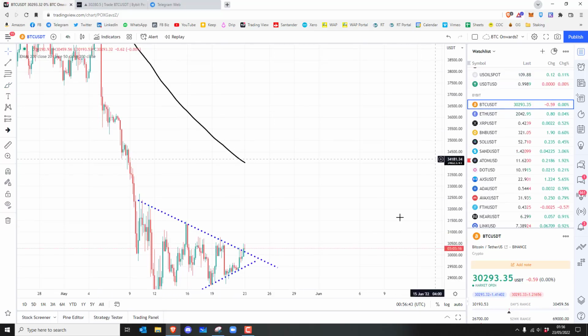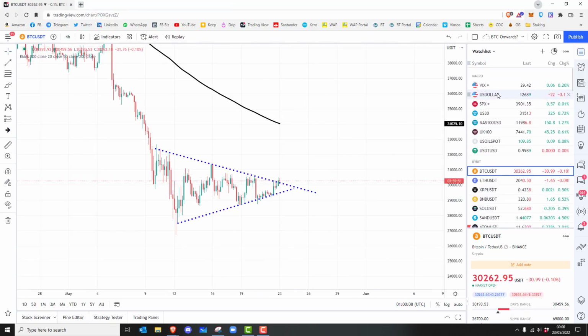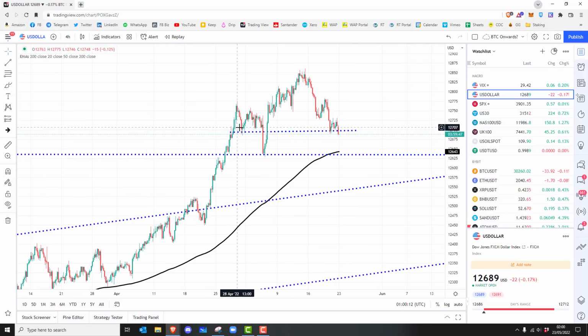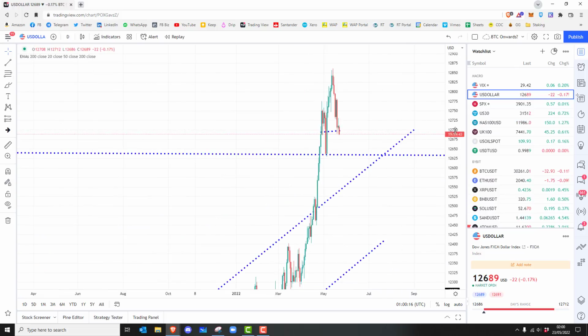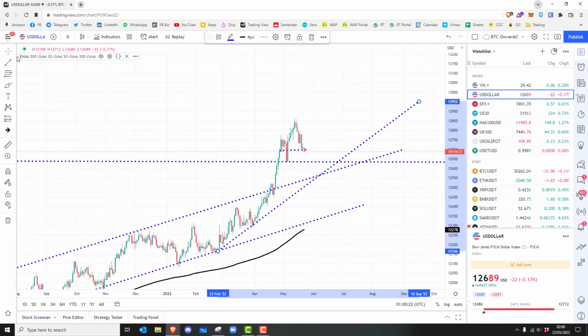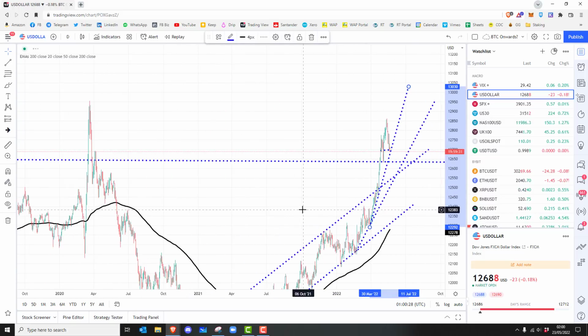And I think we're going to have a move to the upside. And as you know, the dollar is starting to make its way back down, very slowly. If you look at this on the daily chart, you can see it's massively overextended, and so it's got a whole bunch of trend lines here, which again, if this one plops through, one second.